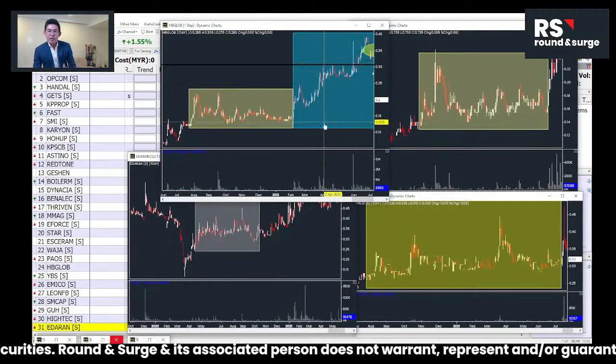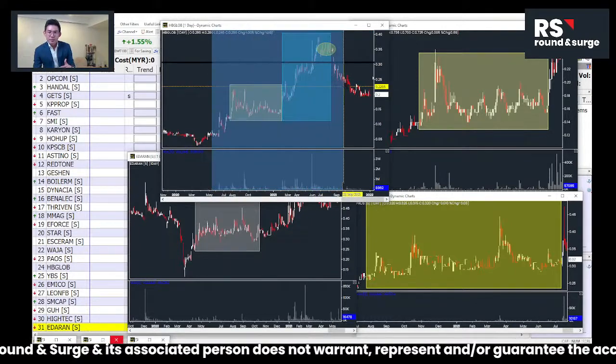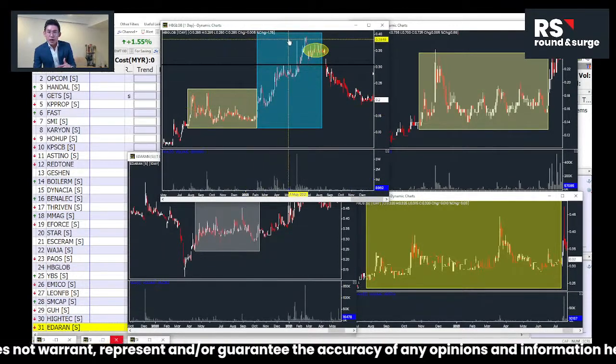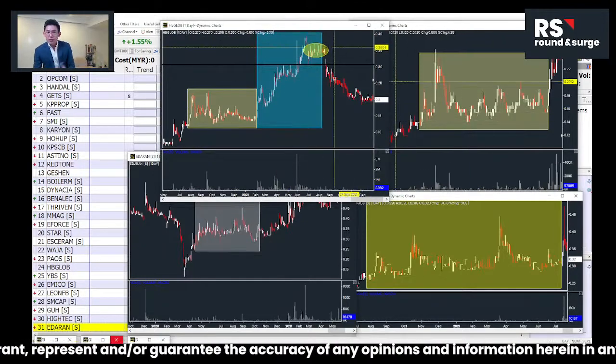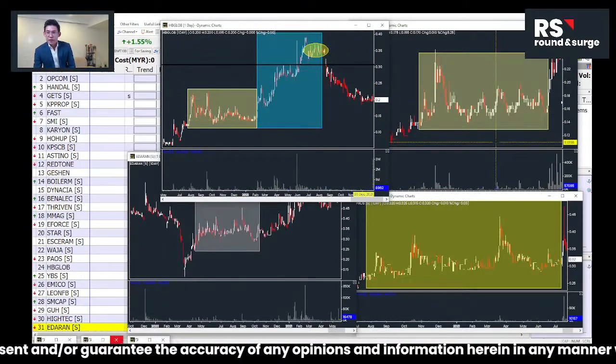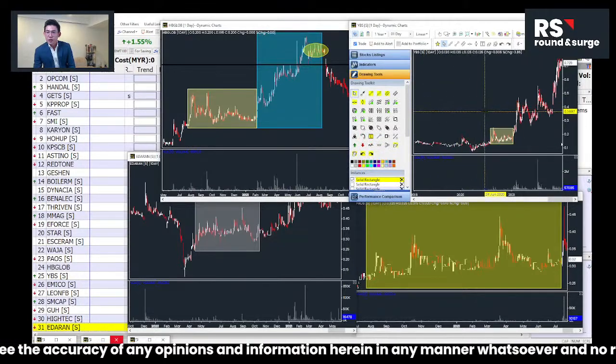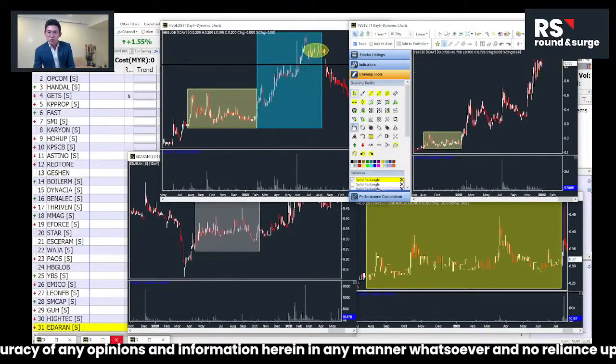So you can see here, at the peak, the price for this HB Globe was 16.5 cents, with the highest point at 38 cents. Then YBS, the highest point is 72.5.